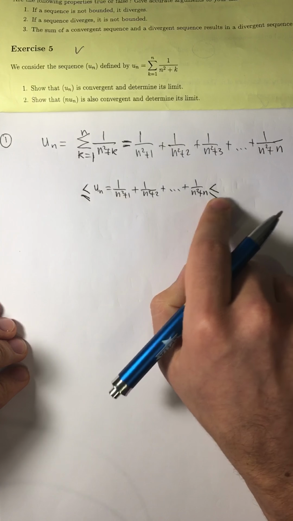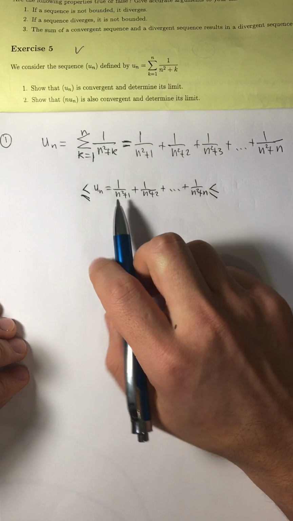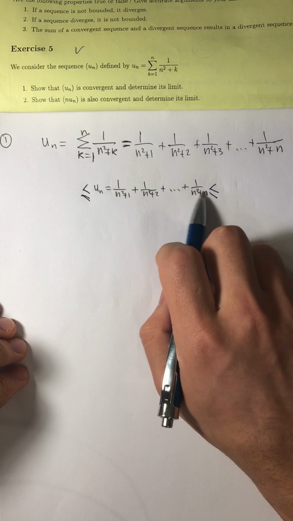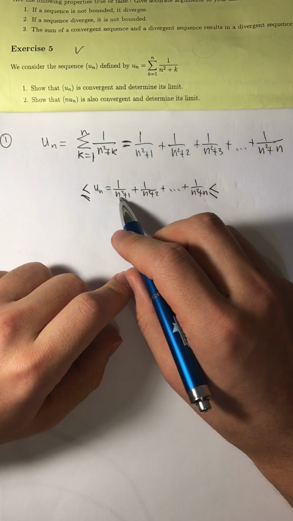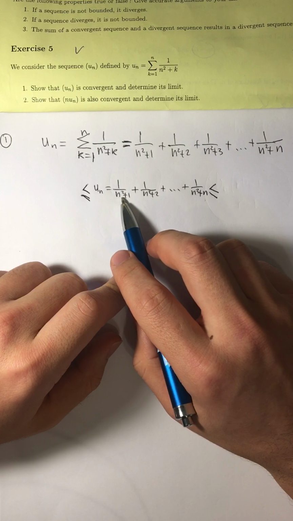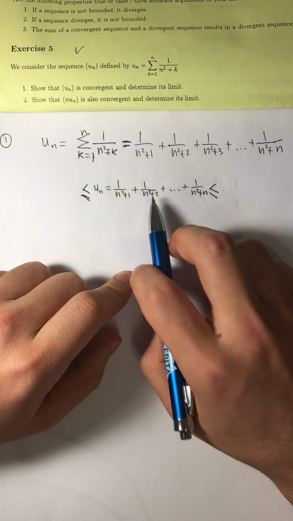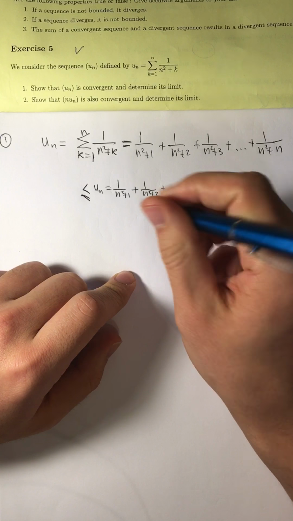So how many terms do I have? This is the question for you. 1, 2, 3, 4, n terms, n fractions we have. And they're different, right? Because the first one is n squared plus 1, the second one is n squared plus 2. I'm gonna write what is the biggest one.